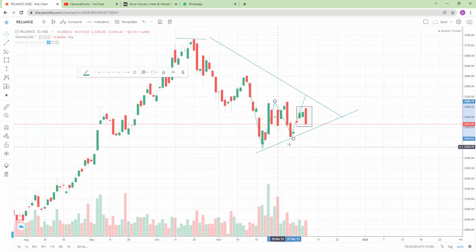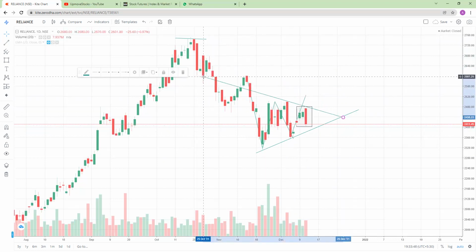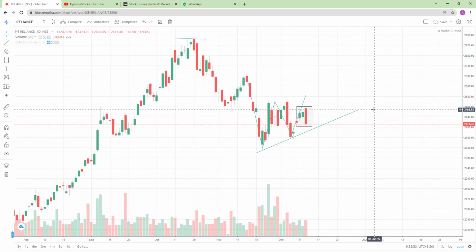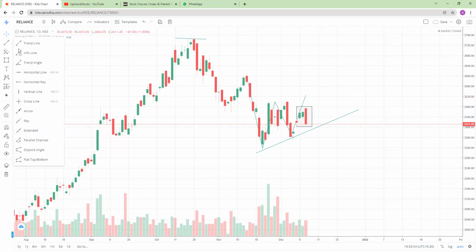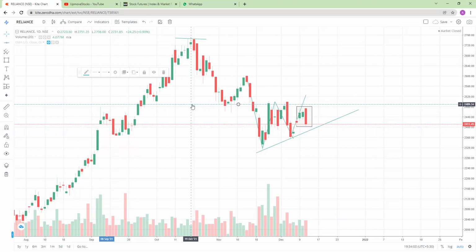As of now, it seems to be upward sloping, but let us see. We will try to create a basic type of resistance in this chart, from where the stock is coming back again and again. So we will try to identify that resistance.